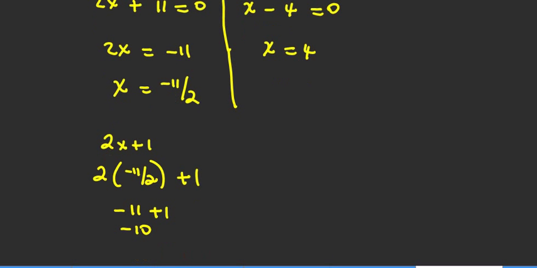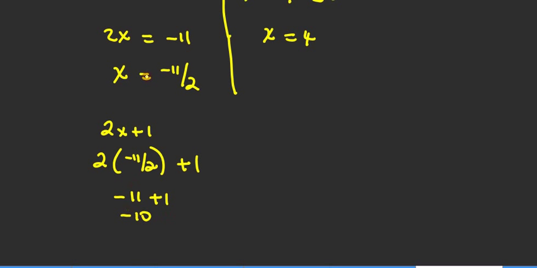Now, why is that a problem? You can't have a negative length, and the length of the base would be a negative 10 if x equals negative 11/2 was used. So we really end up throwing this out because it would give us a negative base. So then we're left only with x equals 4.